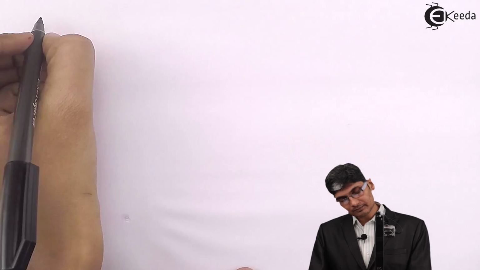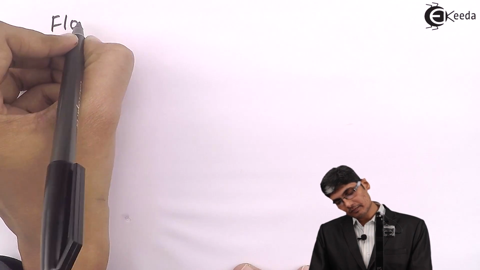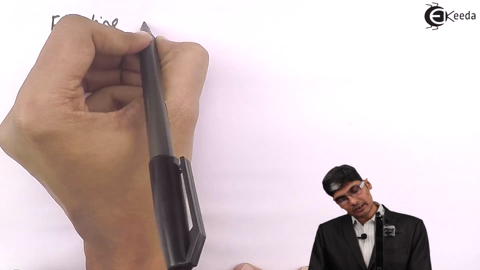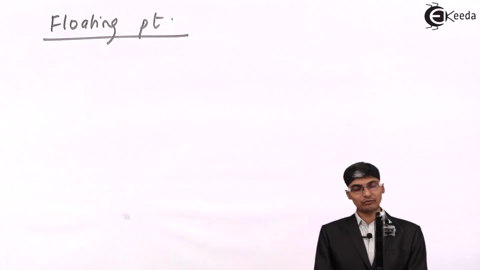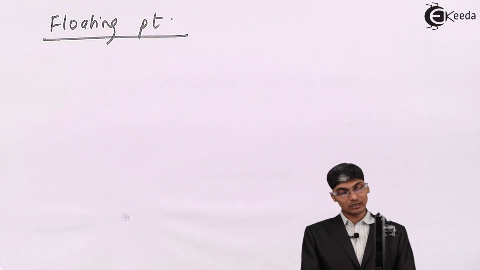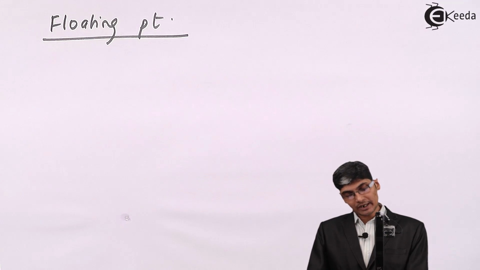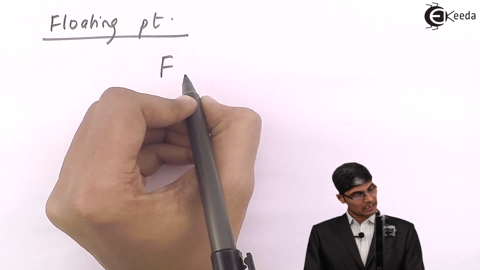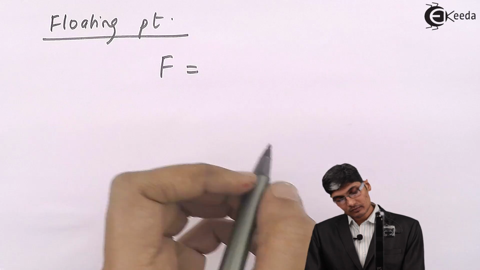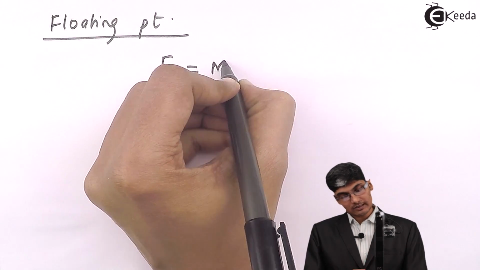The next part of this is the floating point. Now, floating point is a much more scientific way of representing a number. A number in floating point, let's say f, is denoted as m into 2 raised to c.